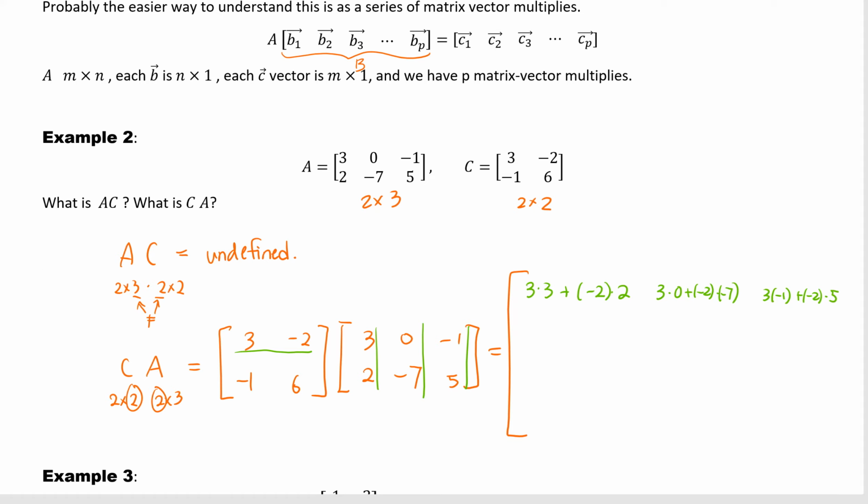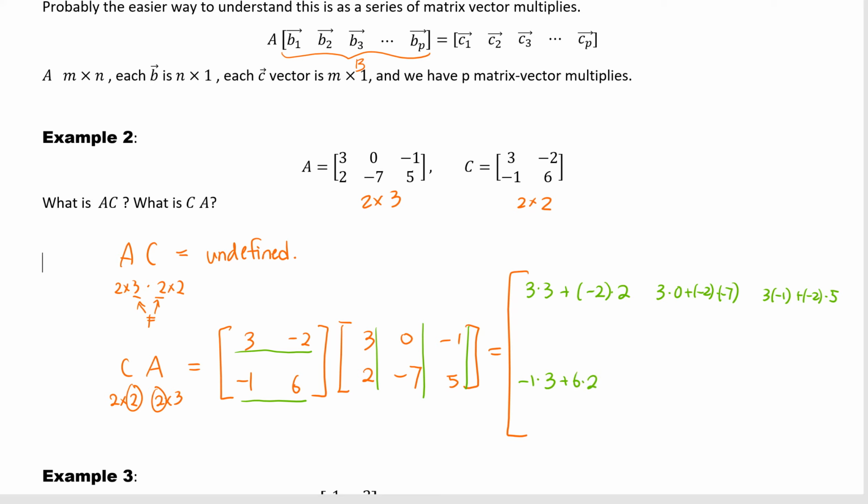Okay, and then for the second row, we use the second row of C multiplied by the first column of A. Okay, then we have minus 1 times 3 plus 6 times 2.